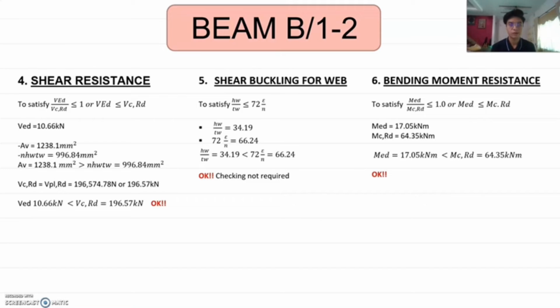For the sixth step, we have the bending moment resistance. We must satisfy the formula that MED is lesser than MCRD. The MED is 17.05 kN and MCRD is 64.35 kN. So that means MED is smaller than MCRD, so it is okay.